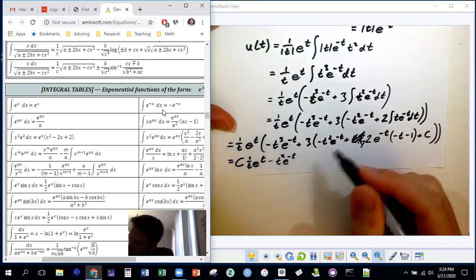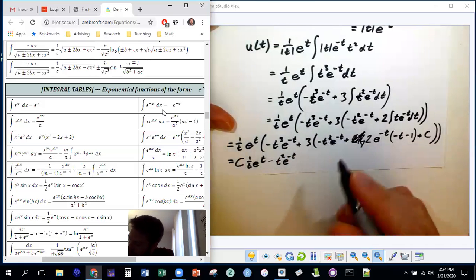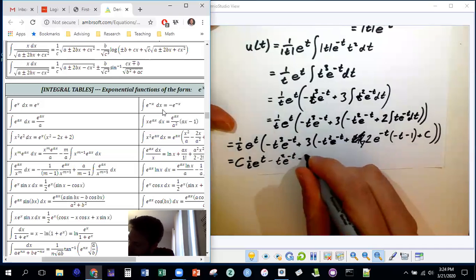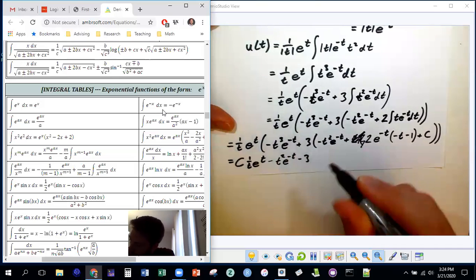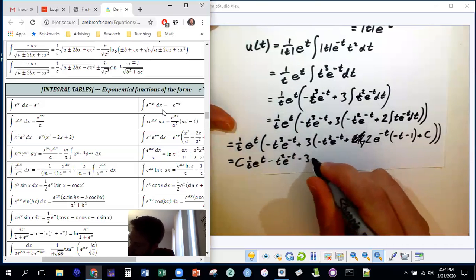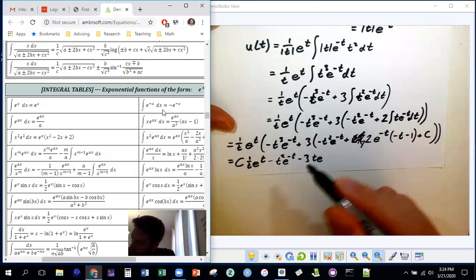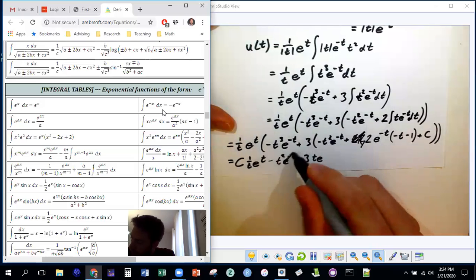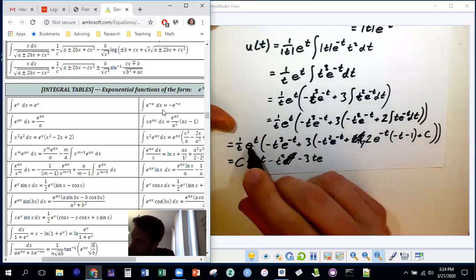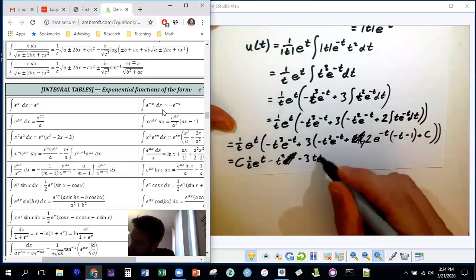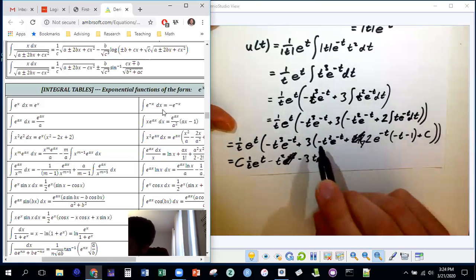And then our t squared term here is a negative 3, so minus 3, but then t squared times 1 over t is just t. Minus 3t. No, there's no e to the negative t, because that cancels out with the positive e to the t. Minus 3t. Okay.